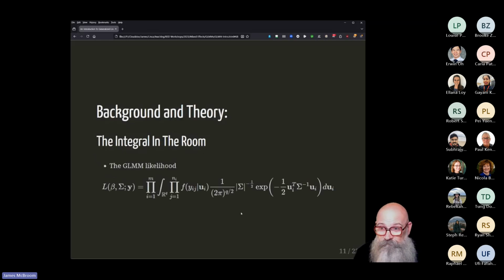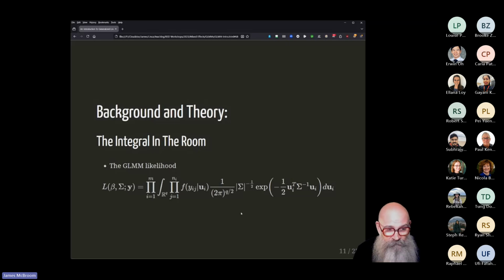It looks a little bit like this. And unfortunately, in all cases of exponential family distributions, except the normal distribution, you can't solve this integral analytically. There's no closed form solution to this integral. You need to approximate this integral somehow in order to perform inference in generalized linear mixed effects models.